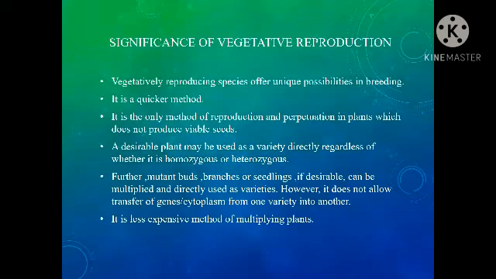Here you can see the significance of vegetative reproduction. Vegetatively reproducing species offer unique possibilities in breeding. It is a quicker method, and it is useful for species that do not produce viable seeds. A desirable plant may be used as a variety directly, regardless of whether it is homozygous or heterozygous.